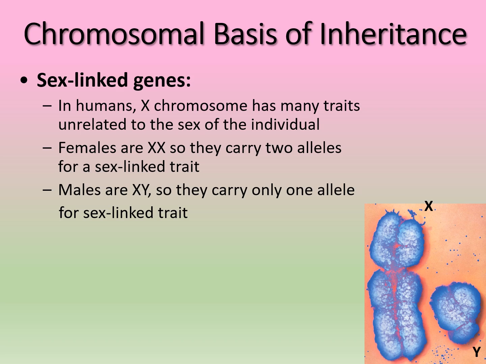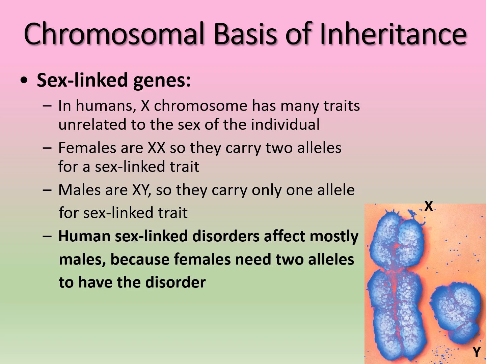So females are going to carry 2 alleles for any given sex-linked trait, right? So they have 2 alleles because they have 2 X chromosomes. Whereas males only carry 1 allele for that sex-linked trait. Therefore, it's much easier for them to express that recessive phenotype because they only need the 1 recessive allele.